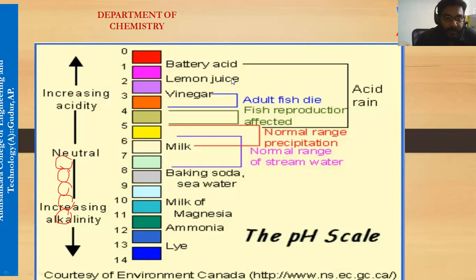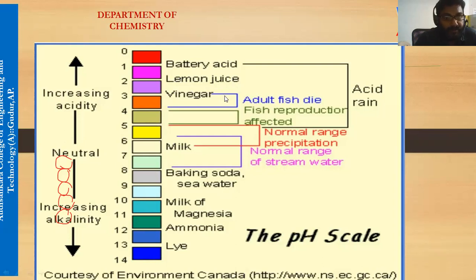That's why you should not drink it early in the morning. Don't drink pineapple juice, lemon juice, or apple juice early in the morning. Why? Because their acidic nature is more. Okay, that's why you should not drink them.